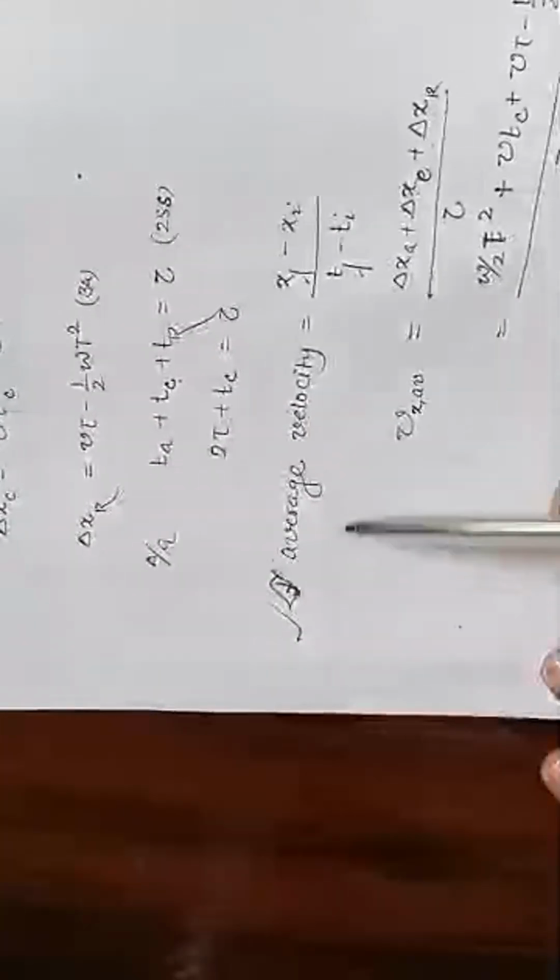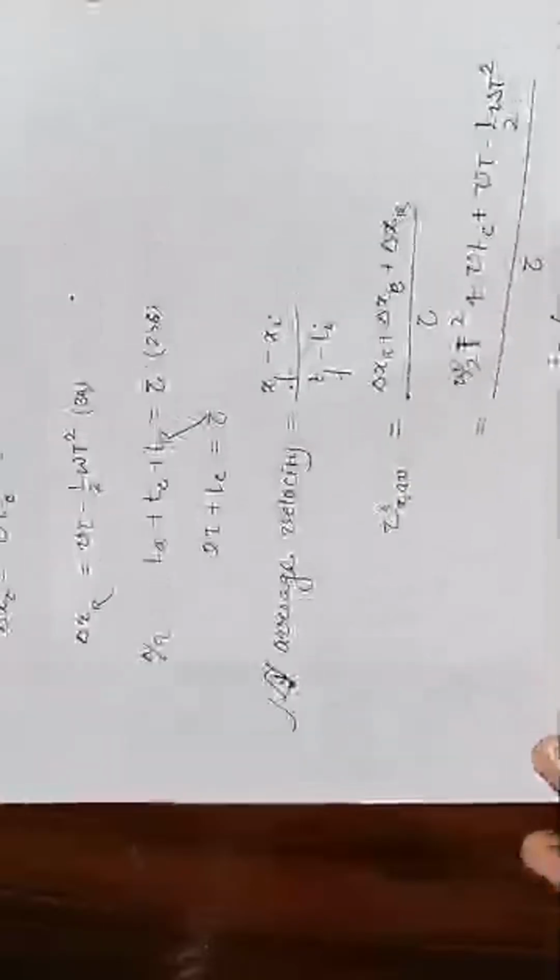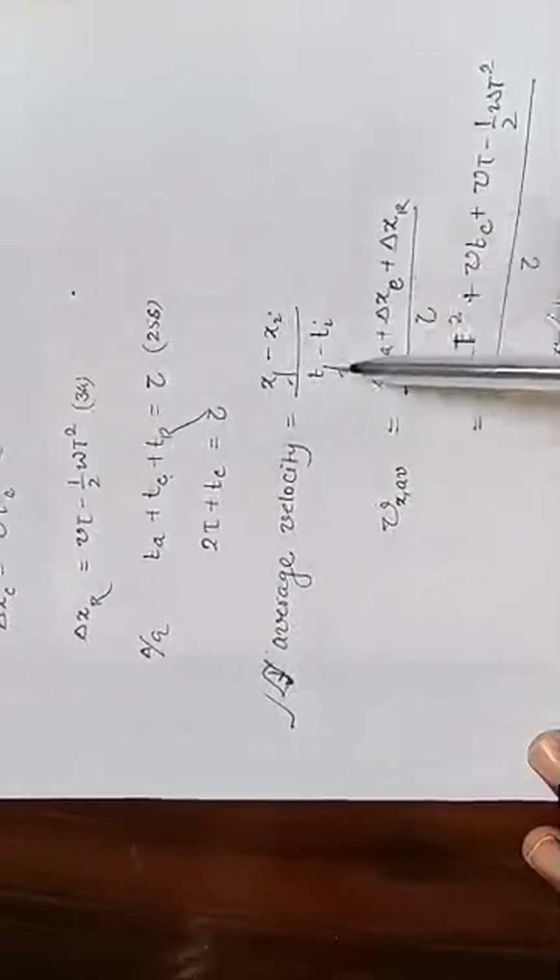Now given the average velocity, x_f minus x_i, divided by t_f minus t_i. This is the x_f, here is the x_i.